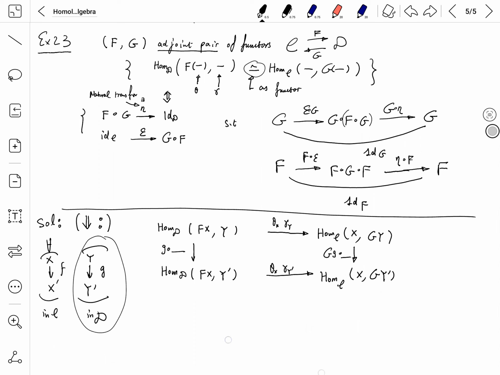Similarly, in the first position you have a contravariant functor, so you got FX prime, composed with f. So this is theta x prime, gamma y prime.